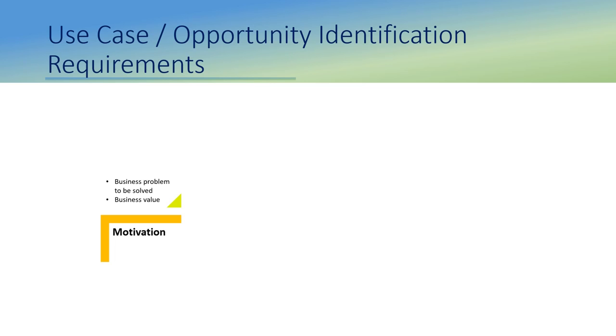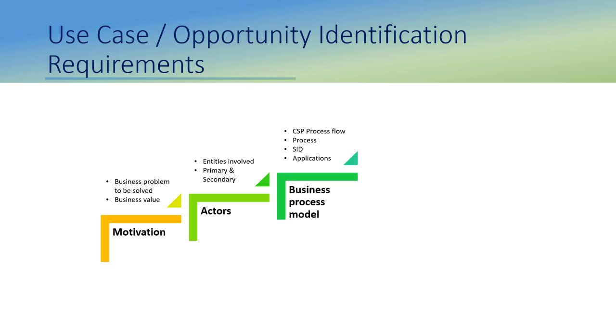First, the motivation. Motivation describes the business problem that shall be solved and the business value of a solution. Actors. These are entities involved in the use case, ordered by relevance: primary actors, supporting actors, and all other actors. Business process model. One should mention the target model that is being referenced.